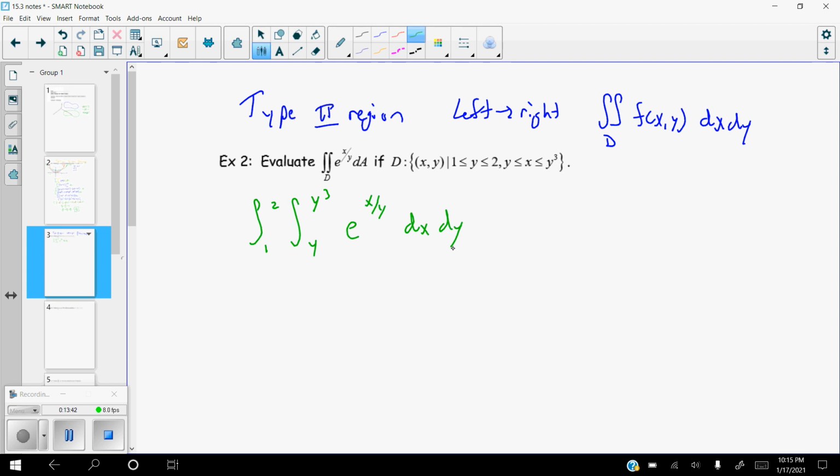Okay, so in order to take this antiderivative, let's see, we have to do this with respect to x first. So this could be done with a u substitution. However, you don't necessarily need to.